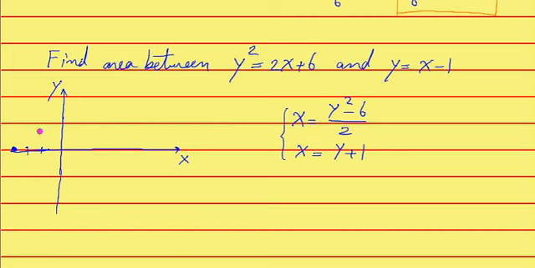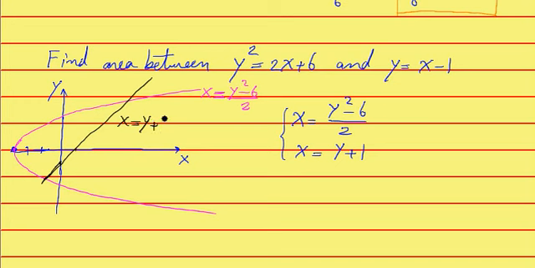So we have one parabola here, x is equal to y squared minus 6 divided by 2. The other one is x is equal to y plus 1. When y is 0, x is 1. And when x is 0, y is minus 1. So this is x is equal to y plus 1.